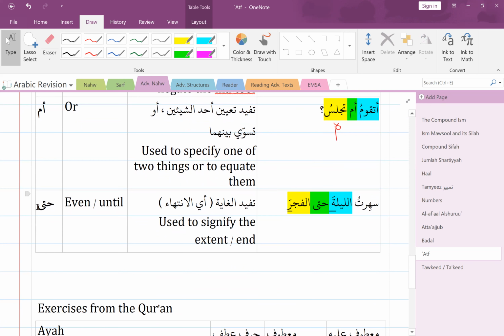And lastly, probably something you've never come across, حتى as a حرف عطف. You would probably see this in books: تفيد الغاية. It is used to signify the extent of something or the end of something.